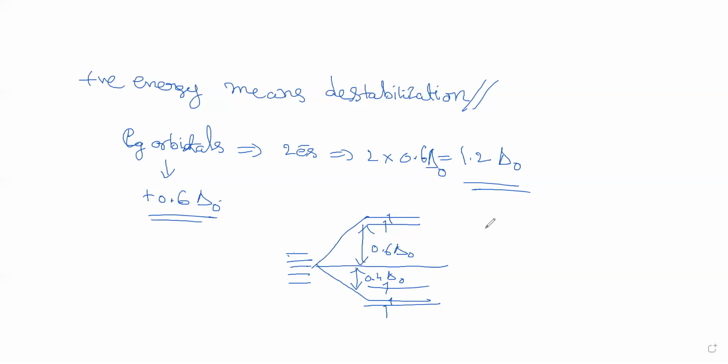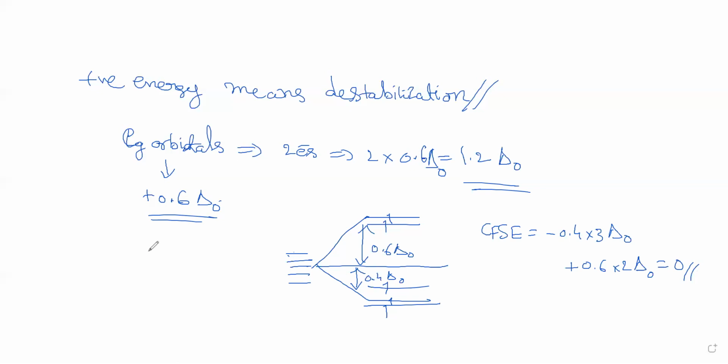If you have to find the CFSE, in this case it becomes 0. It is negative 0.4 into 3 electrons, plus 0.6 into 2, times delta naught. In this case, CFSE is 0. We have seen this kind of D5 system. It's a high spin complex.